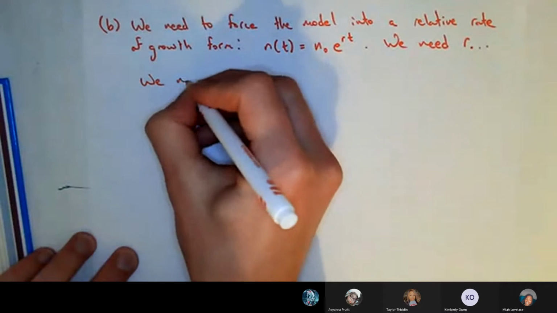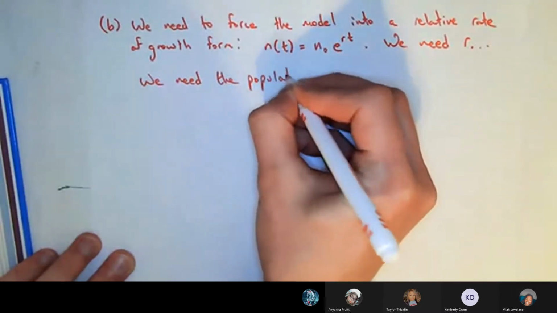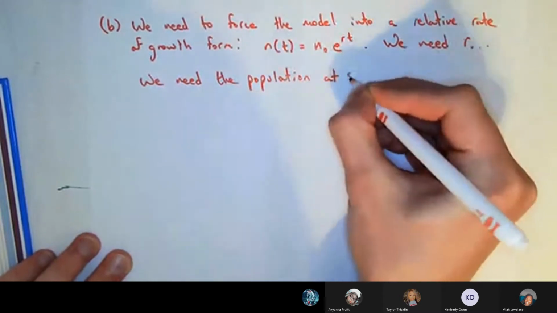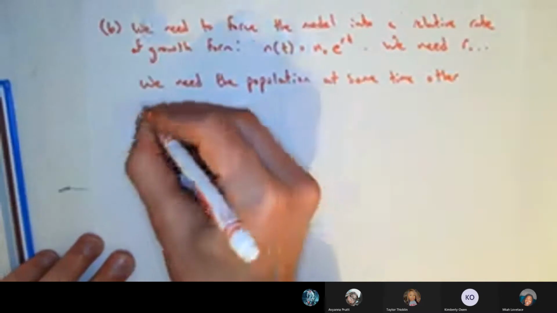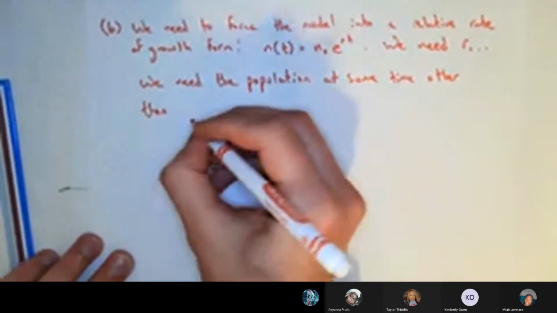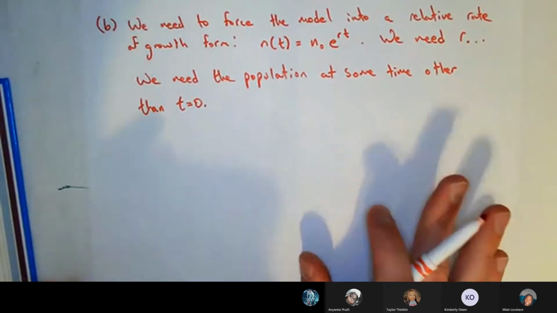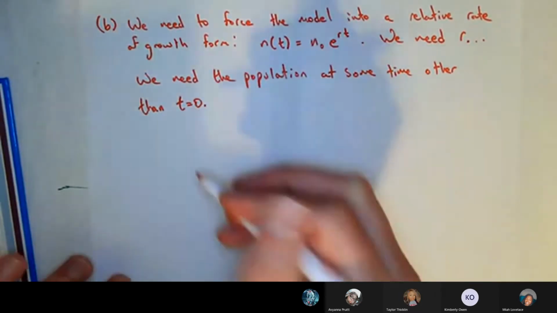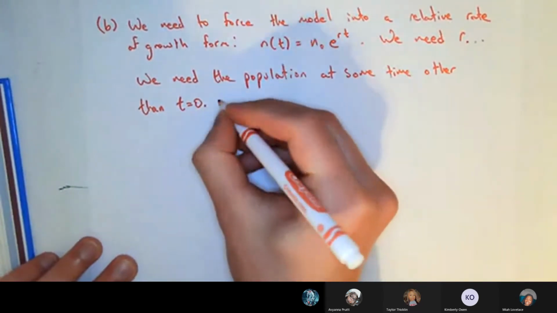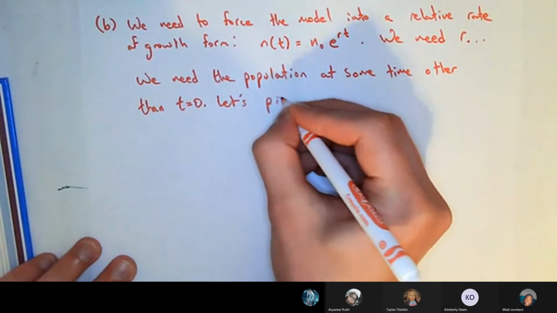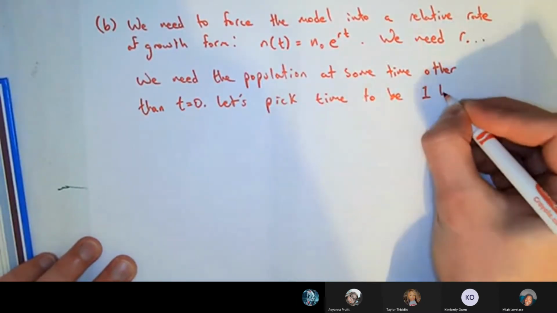So we need the population at some time other than time 0, because we already have the initial population. So what's the easiest choice? Just let t be 1. Let's measure the population after 1 hour.